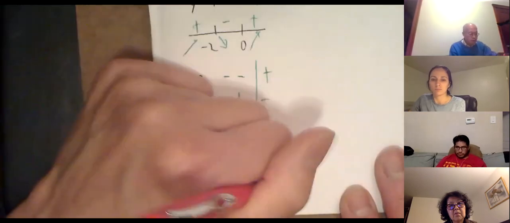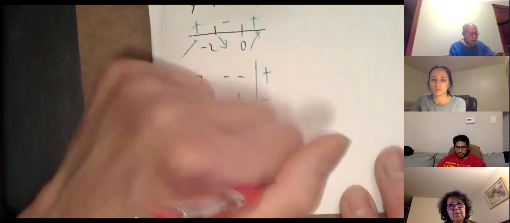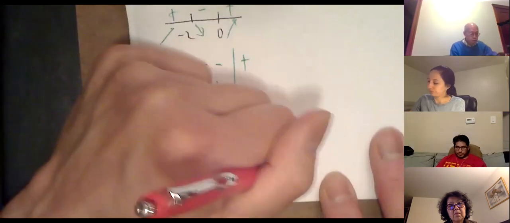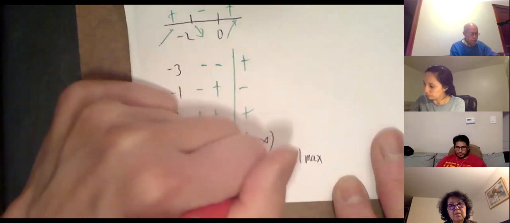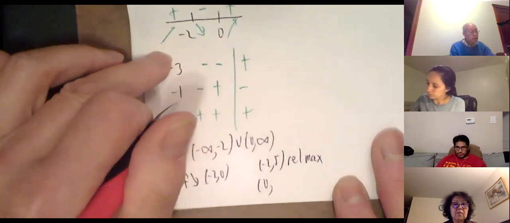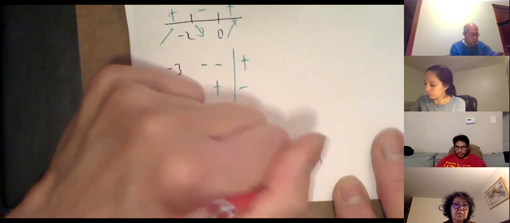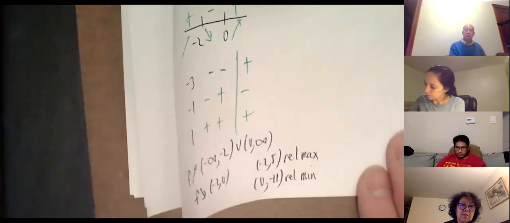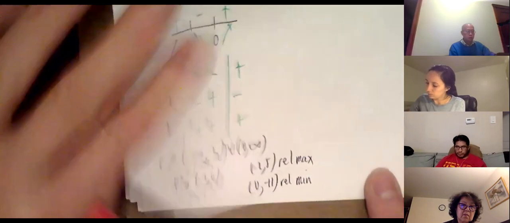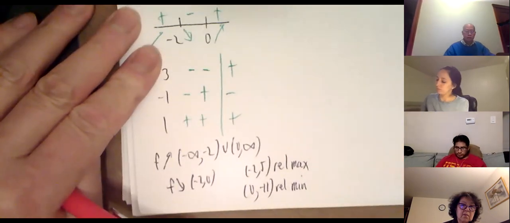Okay, so negative 2 comma 5 is a relative max. 0 comma, what was it, negative 11 is a relative min. And that pretty much does it.